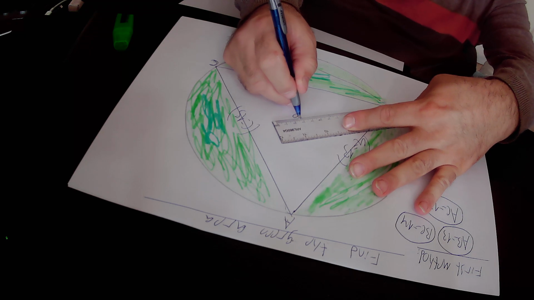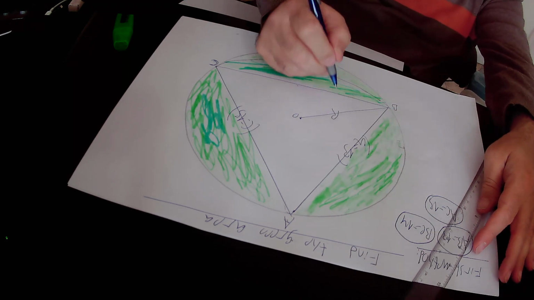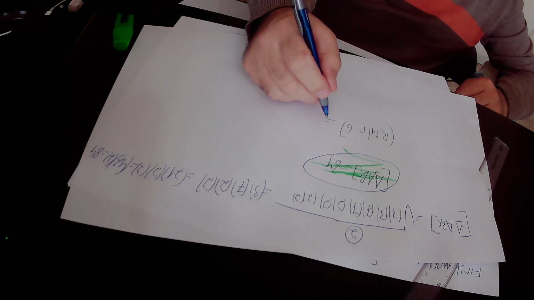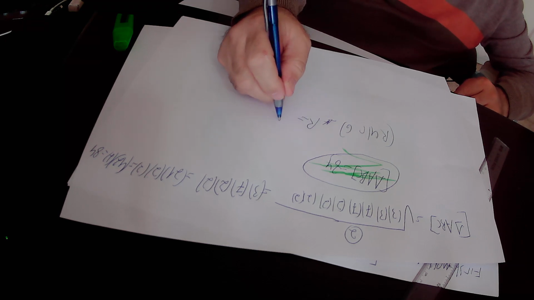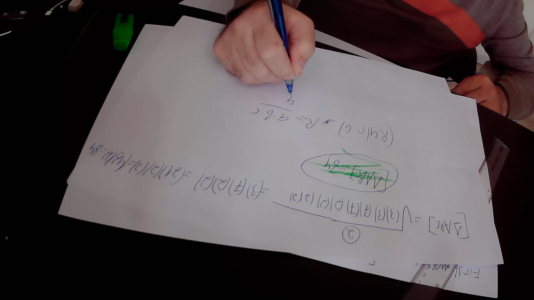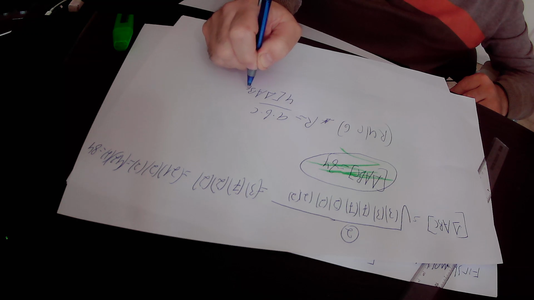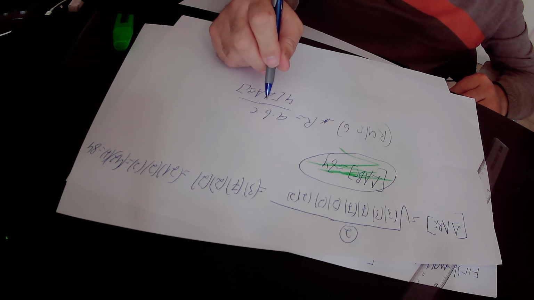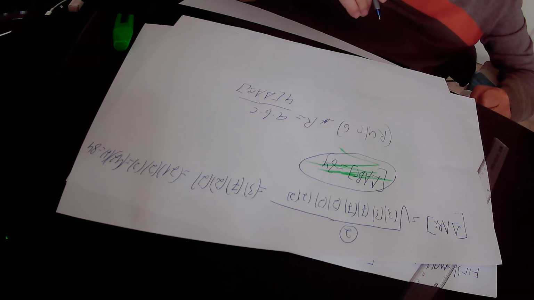Therefore, OB is the radius of this circle that we will define as R. So the radius R, according to rule number 6, will be equal to A times B times C over 4 times the area of triangle ABC. Again, this equation is the implementation of rule number 6 in our drawing.